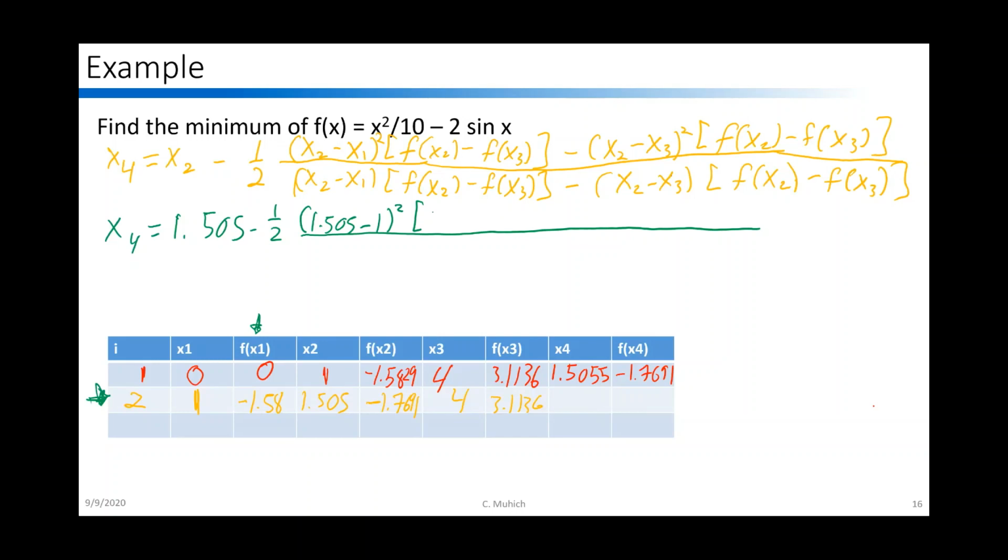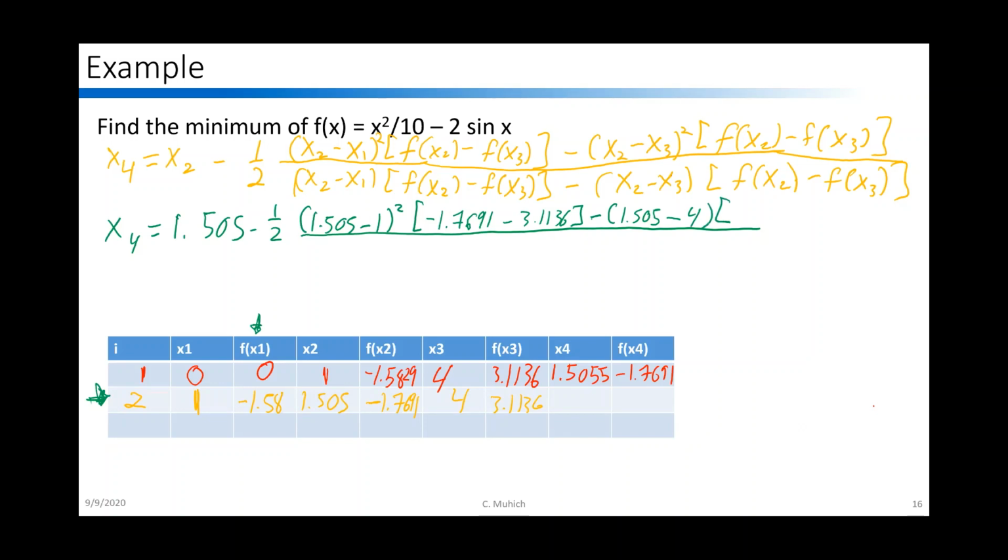So first we have f of x2, which is negative 1.7691, minus f of x3, which is 3.1136, minus x2, 1.505, minus x3, which is 4.